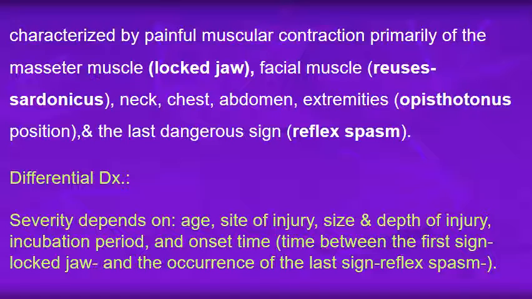And the onset time, which is the time between the first sign, locked jaw, and the occurrence of the last sign, reflex spasm, which is usually a few days, but when it is, for example, 48 hours or less, this means that we are going to see a very severe presentation, which of course is more dangerous.